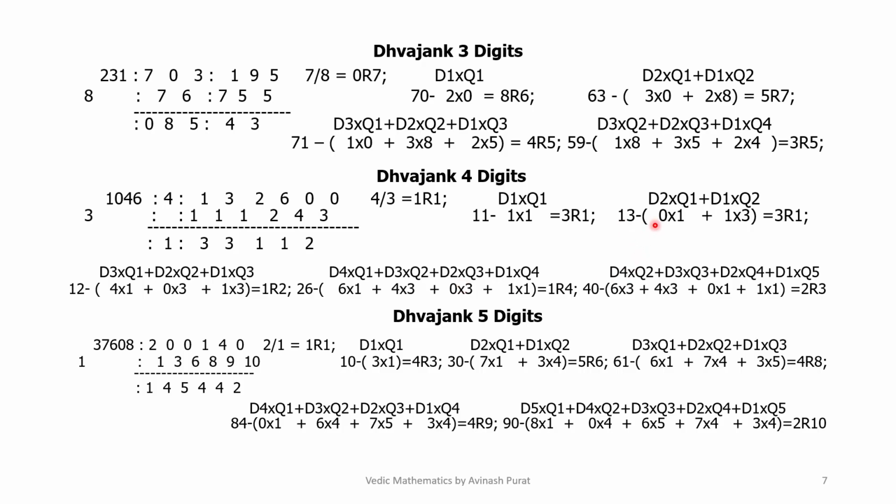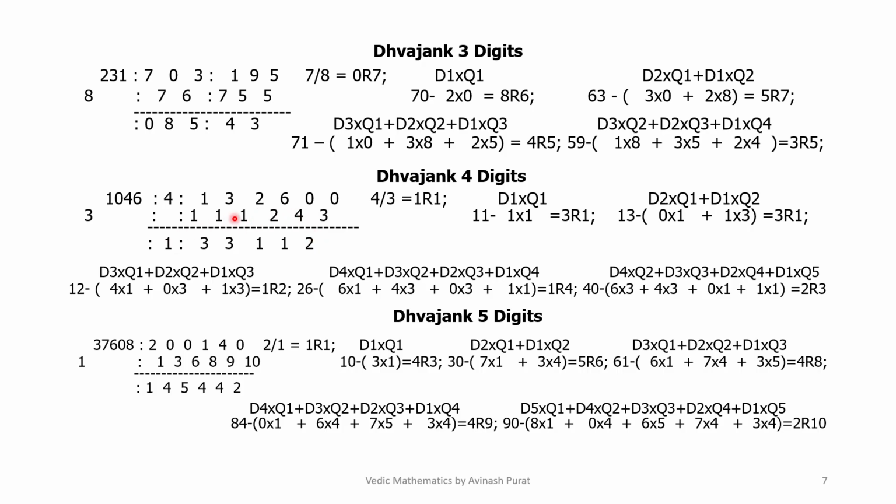So 13 minus 0 into 1 plus 1 into 3, that is again 10. So 3 is the quotient and remainder is 1.